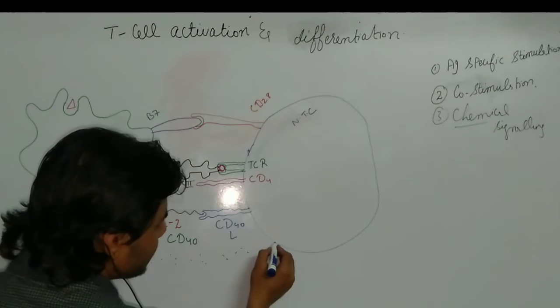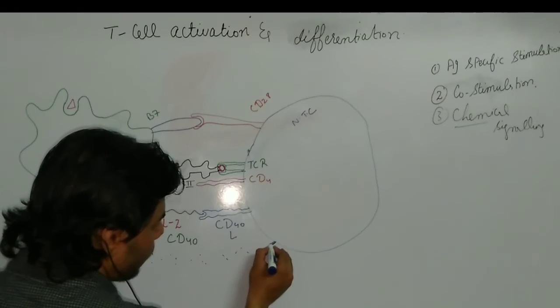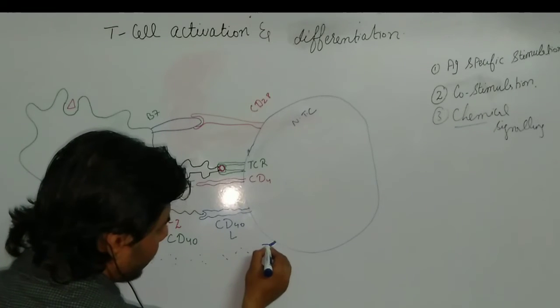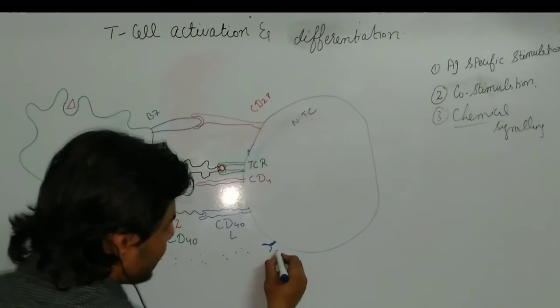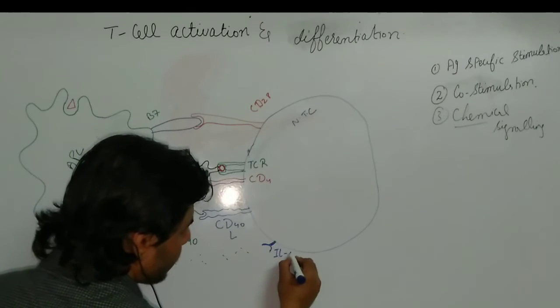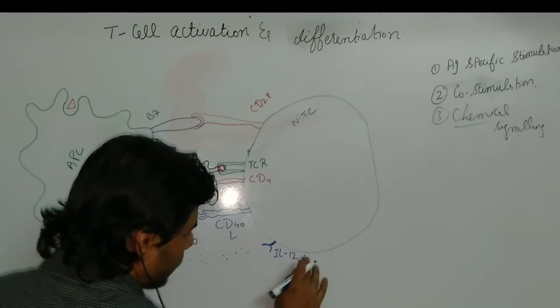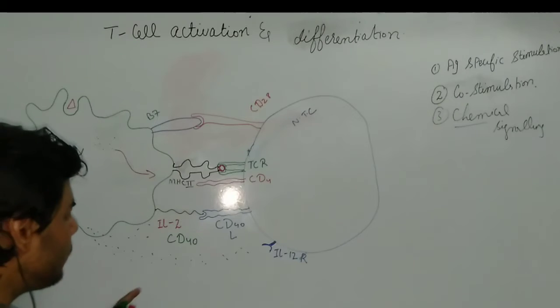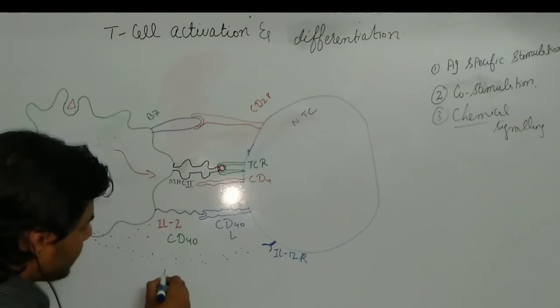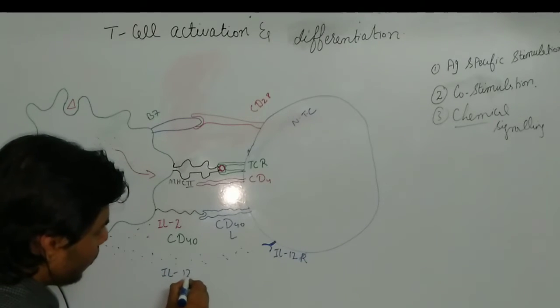There are different kinds of receptors present on the T cell. This receptor is called the interleukin 12 receptor. They will actually receive the interleukin 12. So this is interleukin 12.